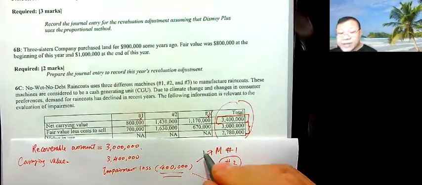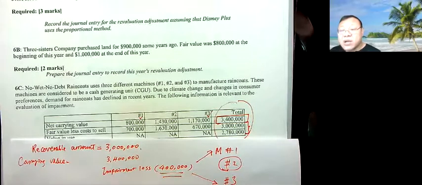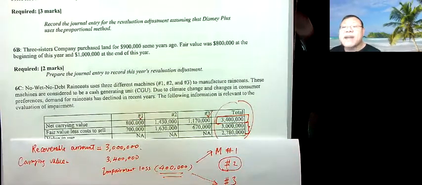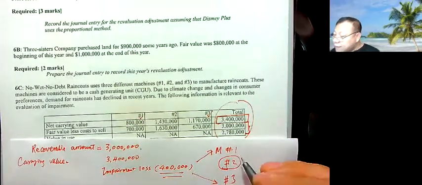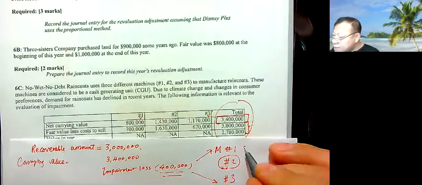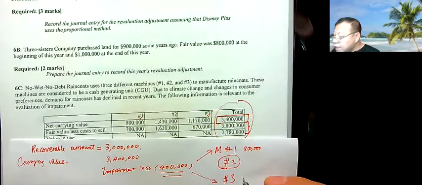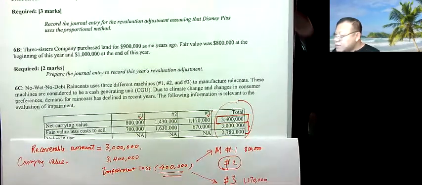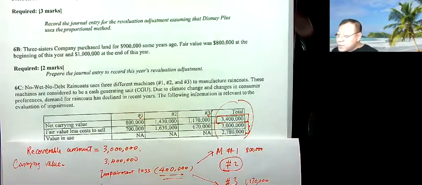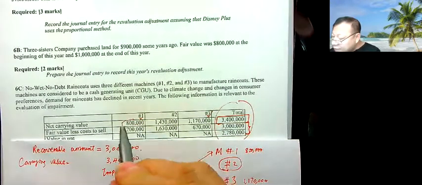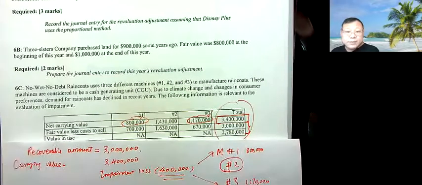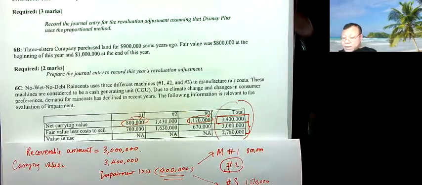So what's the proportion, right? This proportion is calculated based on the relative proportion of the carrying value. So carrying value for 1 is 800,000. For 3, that's 1,170,000. Okay, using the carrying value. Then I want to calculate what's the percentage, right?